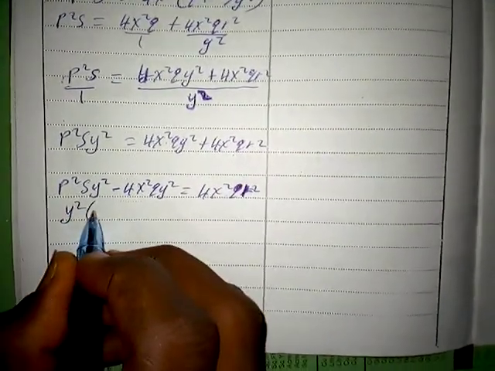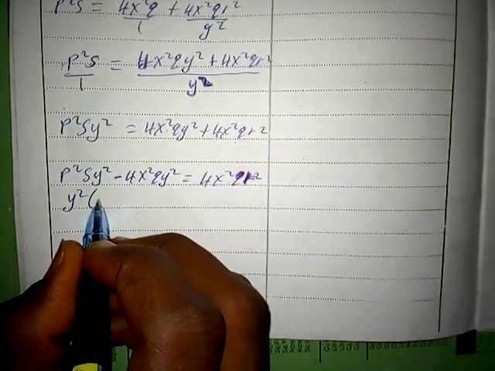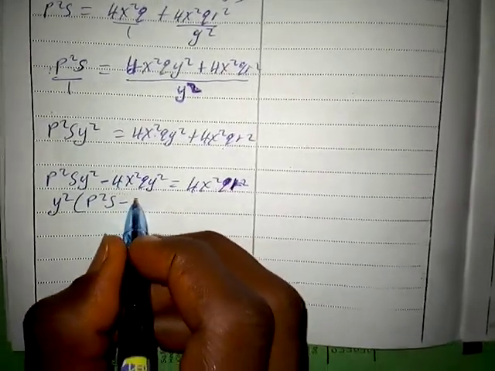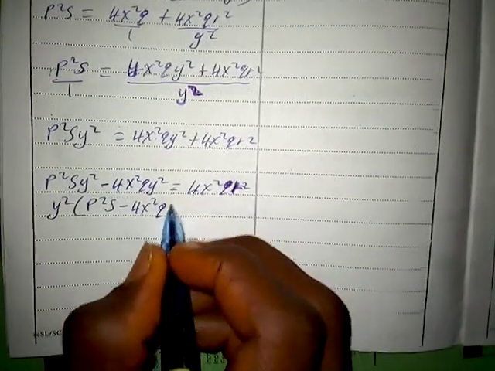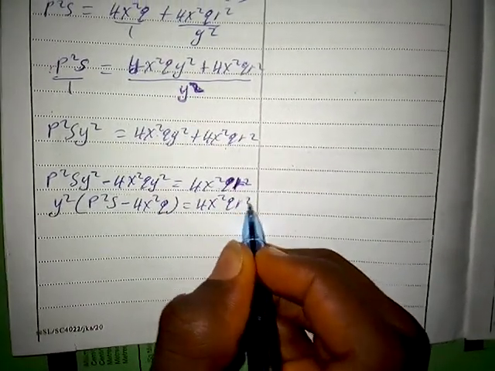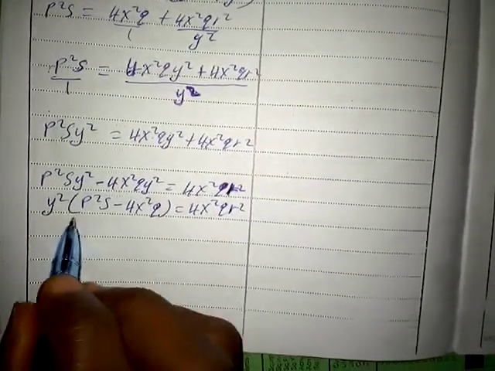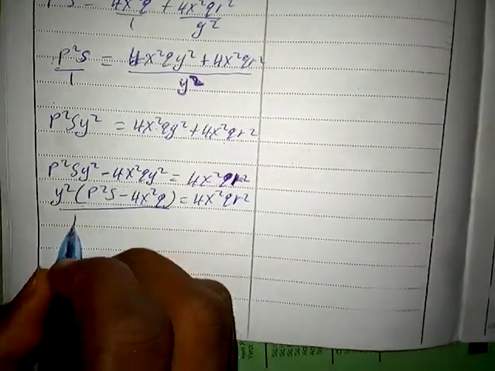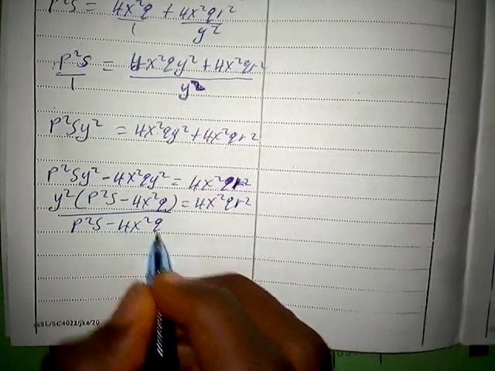Y square into p square s y square is p square s minus 4x square q, equals 4x square q r square. What is our next step? We divide both sides by p square s minus 4x square q.